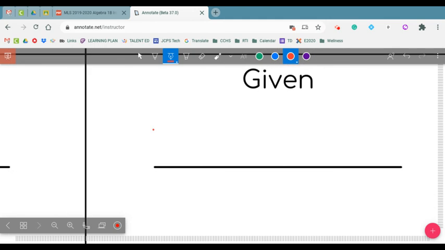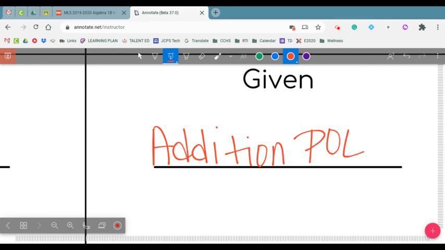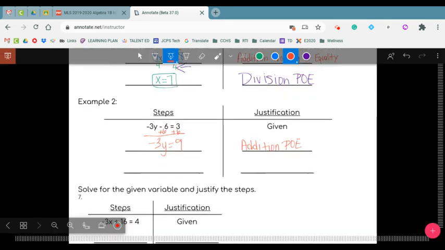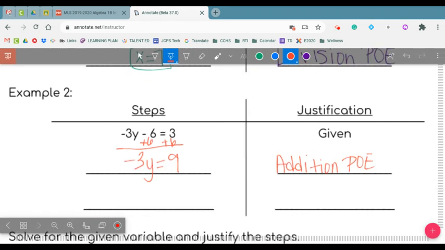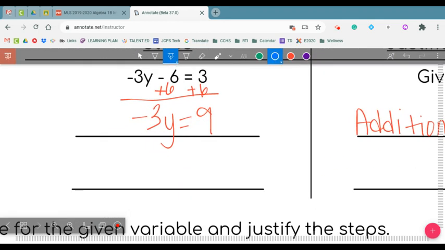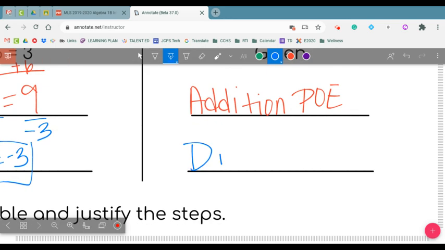So we're going to do addition, POE. And then our next step is we want to get that y by itself, so we're going to have to divide by negative 3 on both sides. We're going to get y equals negative 3 as my answer. So that last step was division, POE. So it's actually the same as we did for the first example.